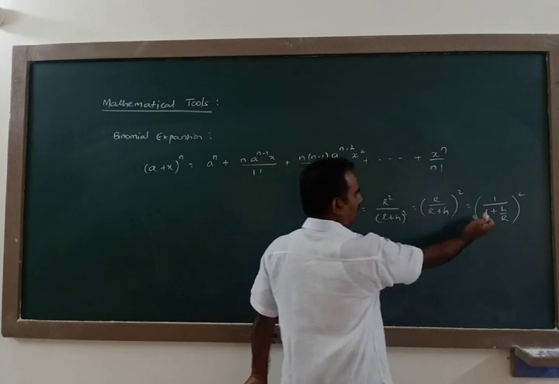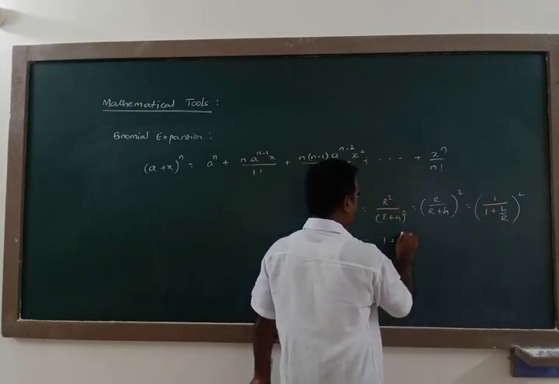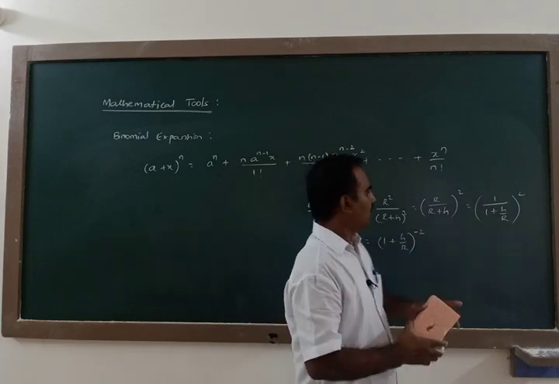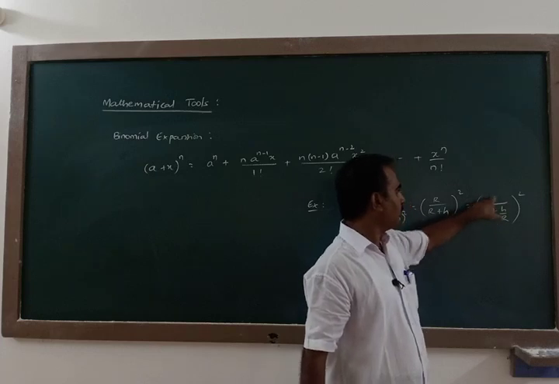So I take this (1 + h/R) to the numerator, then what happens? It is (1 + h/R) to the power of minus 2. When the term in the denominator is brought to the numerator, the power becomes negative, that's why it becomes minus 2.